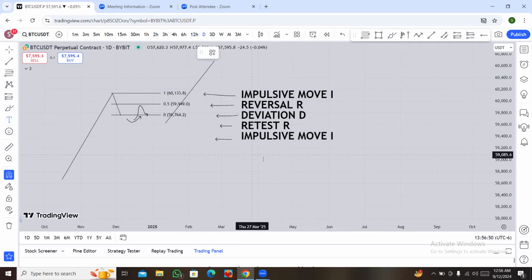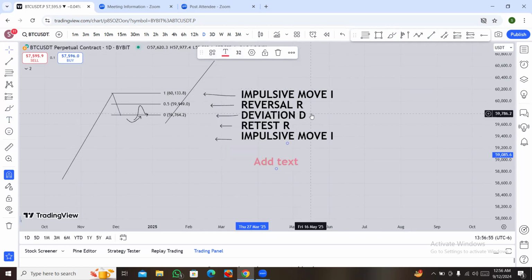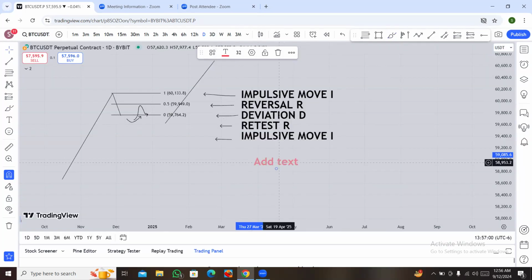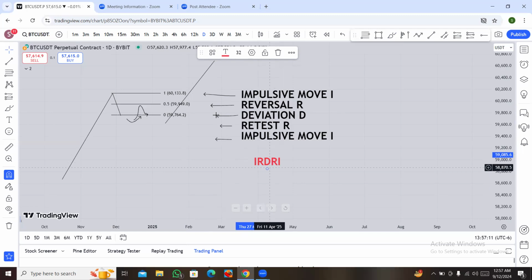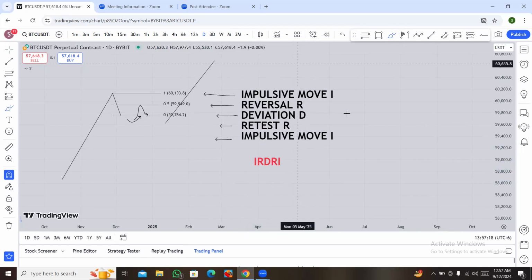Now the whole thing will turn into the first impulsive move. I. Reversal R. Deviation D. Retest R. Impulsive I. I'll call it this structure. Most of the time people on Twitter use this structure in a trending market.